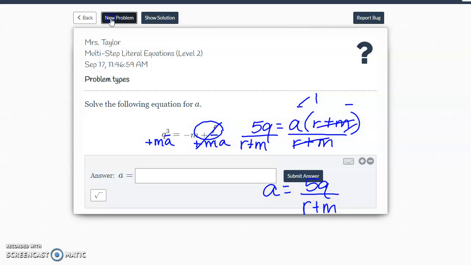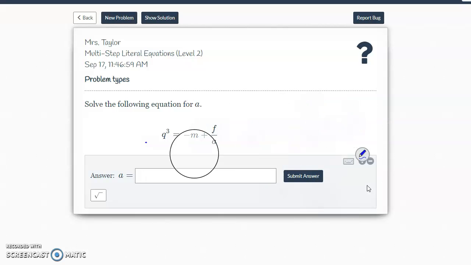All right, let's go ahead and try a new one. So let me go ahead and erase my work. All right, so I am trying to get the A by itself again. Right now my A is in the denominator.